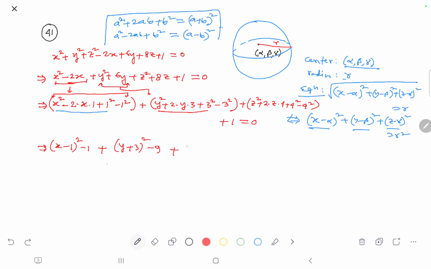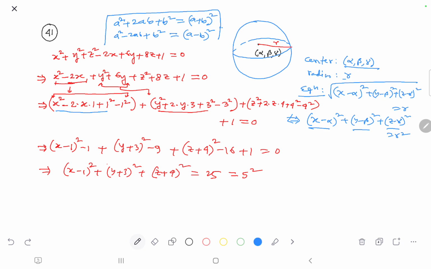And then plus, this is z plus 4 whole square and minus 16 plus 1 equal to 0. Got it, Mayan? Then this is x minus 1 whole square plus y plus 3 whole square plus z plus 4 whole square. If you simplify, you will get here 1 and 1 cancel out, so 25 this side. Okay, 25 means 5 square, right? Okay, Mayan.